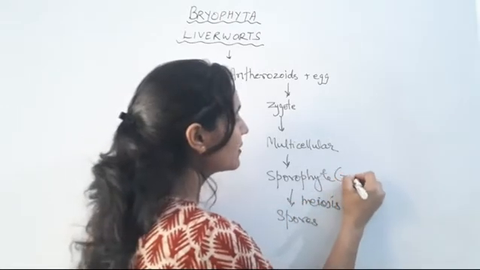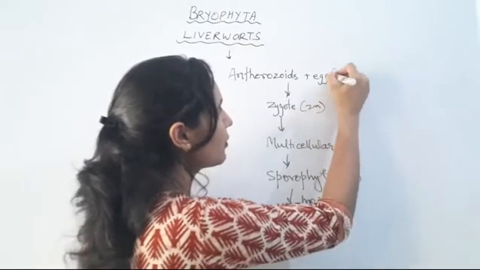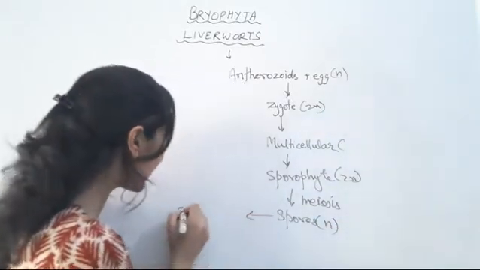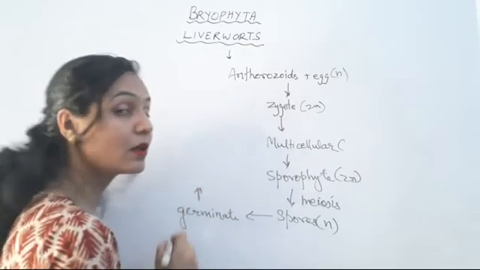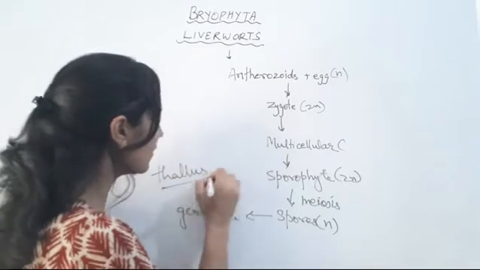This is 2n, and these are haploid structures. So spores are also haploid structures, and they germinate to produce a thallus-like structure.